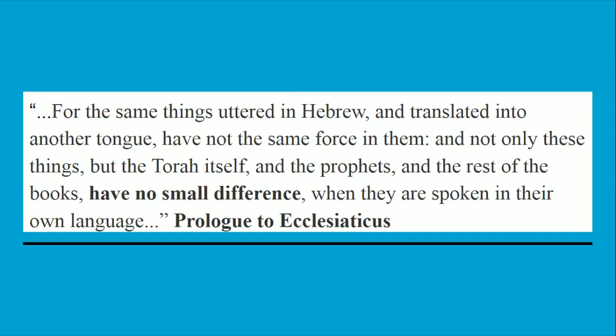Here is a quote from the Prologue to Ecclesiasticus. Ecclesiasticus is a book that is in the Apocrypha. Some people call it Sirach, so it's Ecclesiasticus or Sirach, depending on who you ask or who's telling you about it.